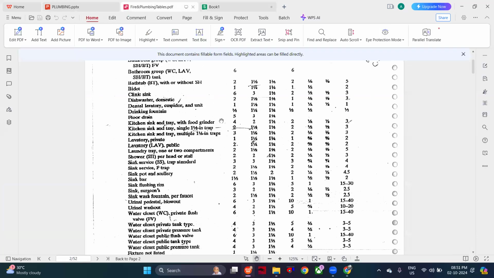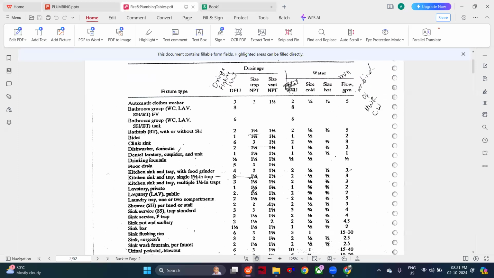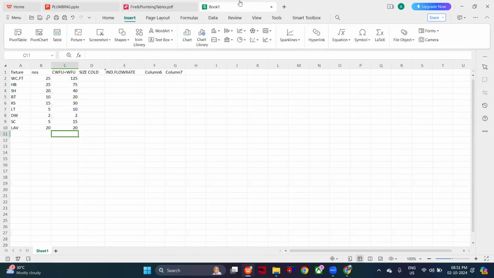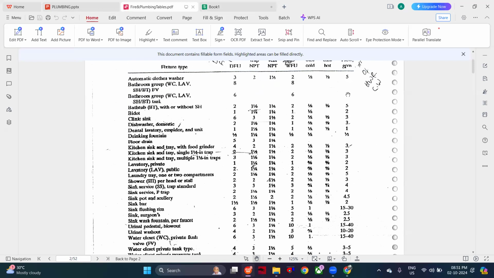Then add the totals. These are the totals present over here. So you add that one and find this out. Then the individual flow rate. Individual flow rate is here.